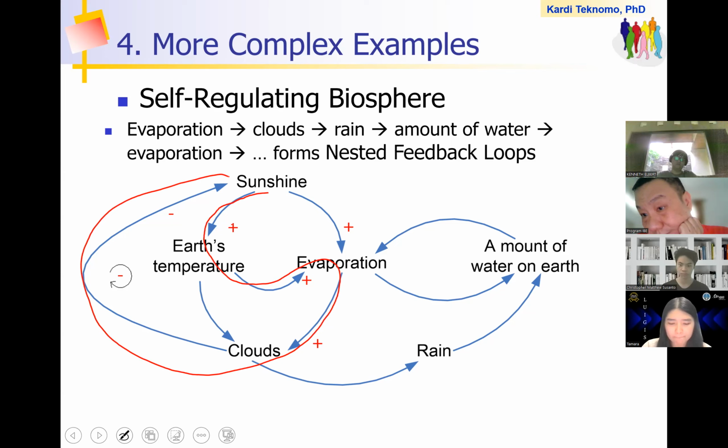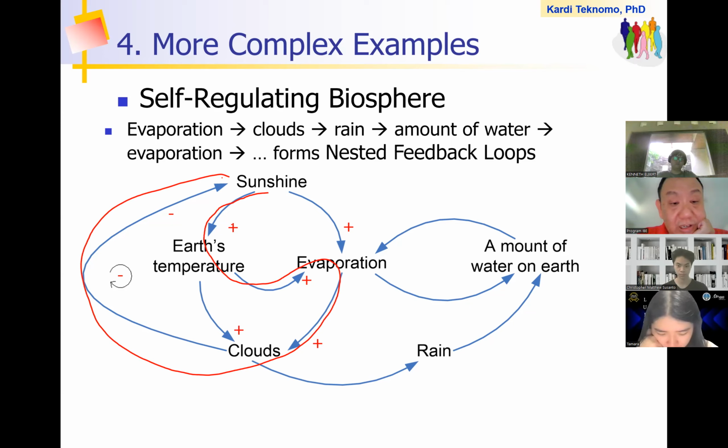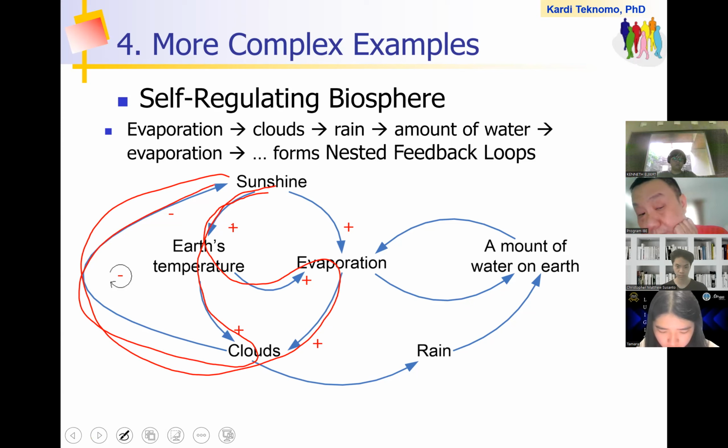And then next, the increase of earth temperature will increase the number of clouds. So this one is positive, positive, again negative. So this is a negative feedback loop. So a lot of loops inside the loop, isn't it? And from here you can start to draw all the loops that you have within your system.